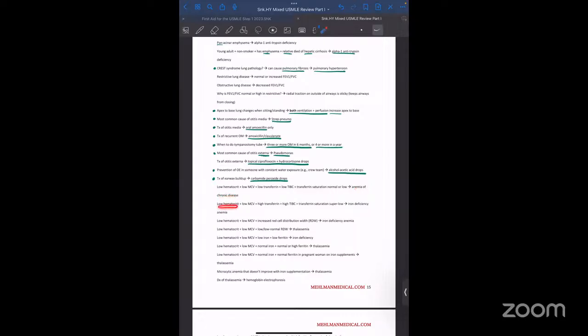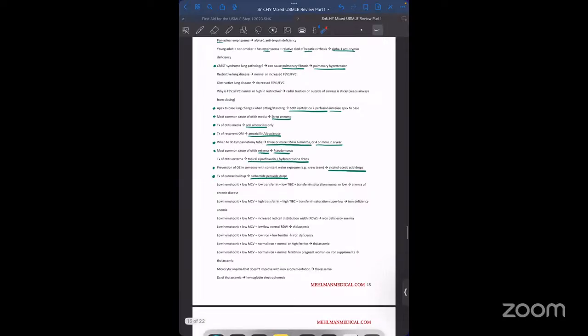Versus low hematocrit, low MCV here as well, but high transferrin and high TIBC, plus transferrin saturation super low. This is iron deficiency anemia.